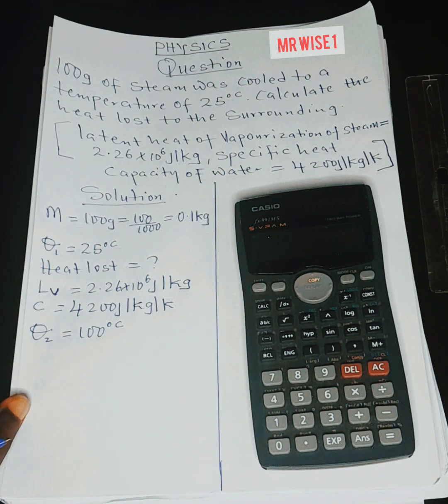Okay, what will I do next? It is very simple. Remember, in heat capacity, there is what we call heat gain is equal to heat lost. But in this case, there is no heat gain because the cooling water is losing heat, and the latent heat of vaporization of steam is also losing heat.